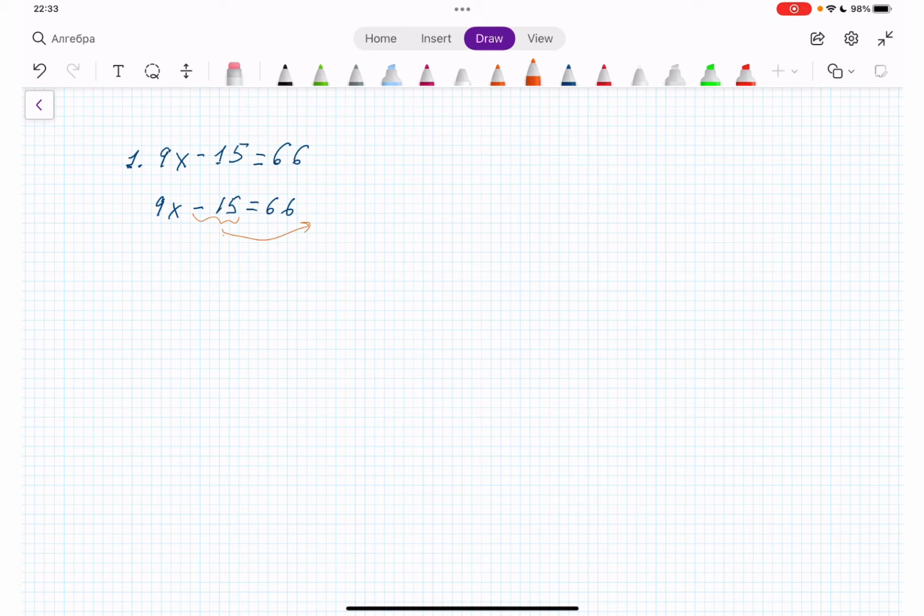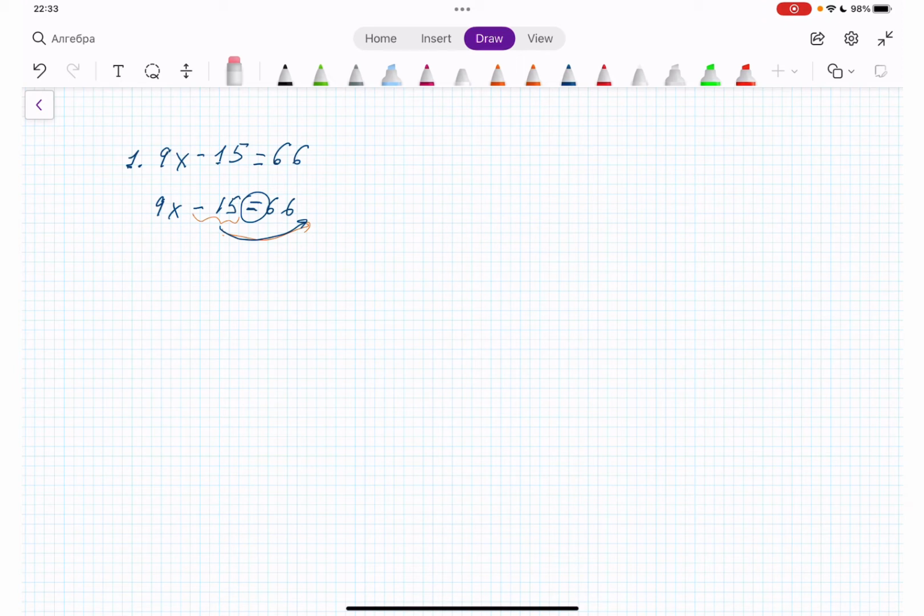Every time we move numbers over this equal sign, from here to here or from this side to this side, all we do is flip the sign. In this case, I'm going to move negative 15 to the other side of the equal sign.